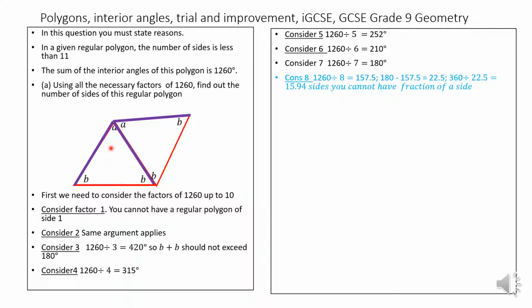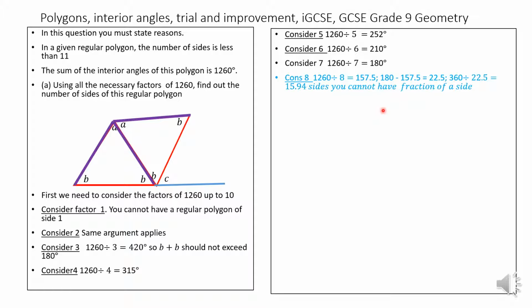Right, moving on, consider 8. Now, we're looking at factors, don't forget. If you look at 8, if we divide 1260 by 8, clearly 8 is not a factor of 1260.